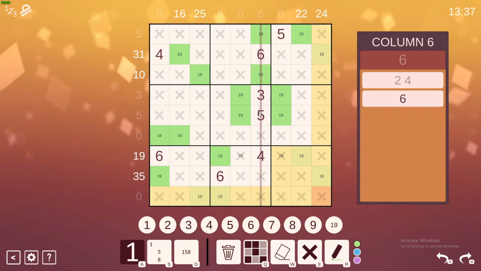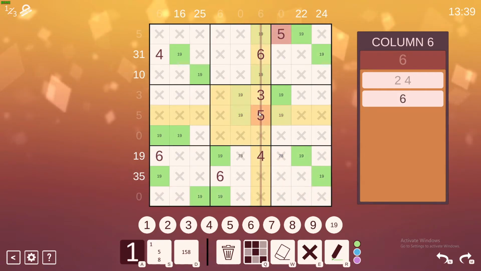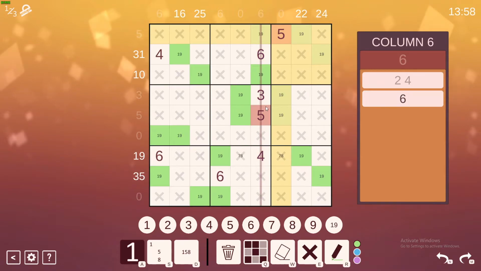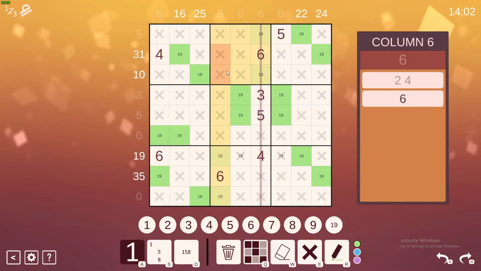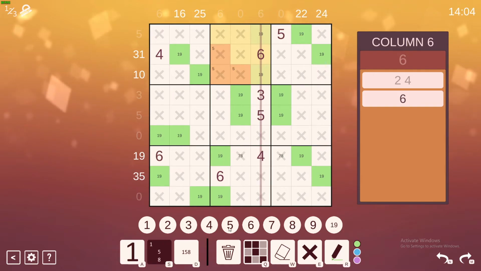Maybe we should do some regular Sudoku. Check out our 5s. So we have a couple of them placed, so it's possible that we'll be able to do something with them. So I'm going to go ahead and say this 5 here indicates to me that we have a 5 in one of these possible positions.